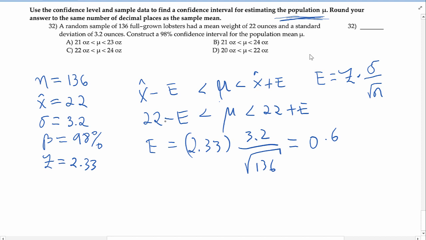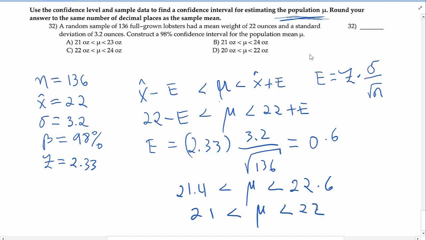So we take this from 22 and get 21.4, and 22.6. Since they're approximating to the next decimal, this gives the interval 21.4 to 22.6. What answer is that? A.